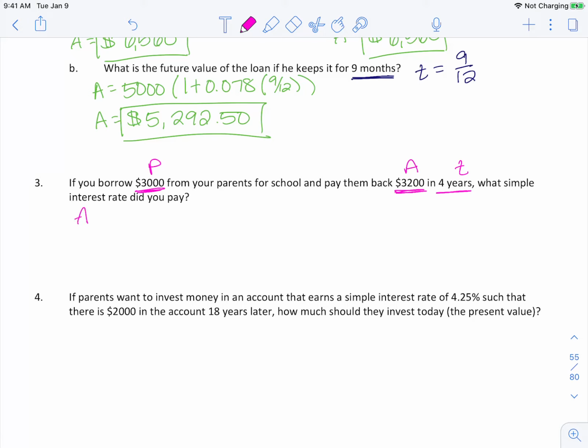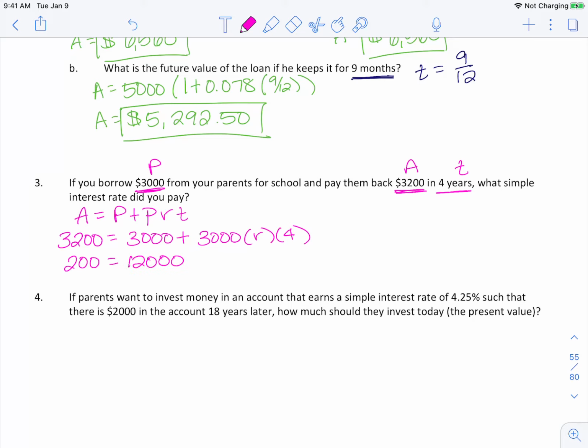Okay, so our formula A is equal to P plus PRT. So we have 3,200 equals 3,000 plus 3,000 times R times 4. So I subtract 3,000 and I have 200 is equal to, if I multiply 3,000 times 4, that's 12,000 R. Then we divide by 12,000, and I get R is equal to 0.016 repeating.